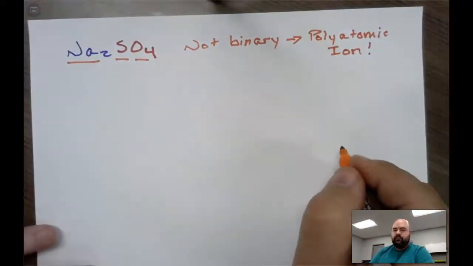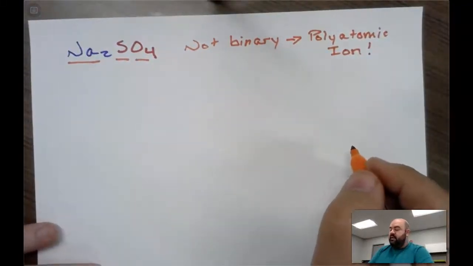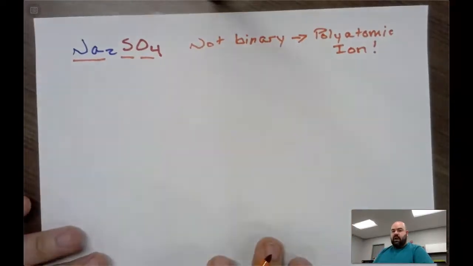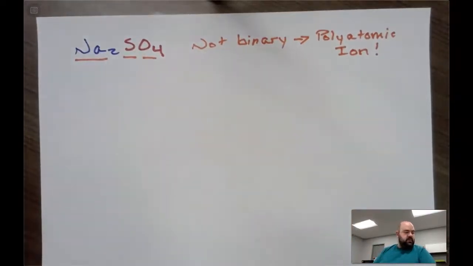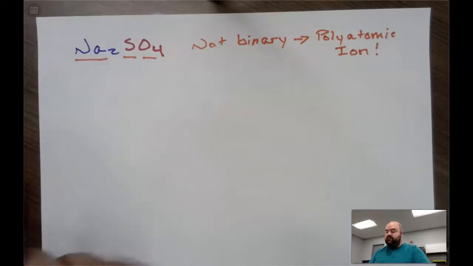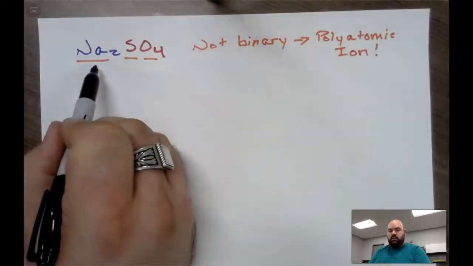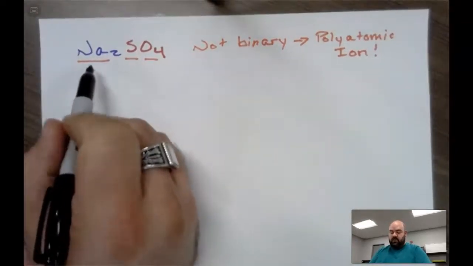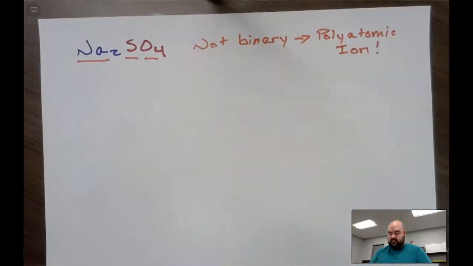Okay? Now, I will tell you that for our purposes, the polyatomic ion will always be the anion part. So, we take the first part here, okay? This first part will be the cation.